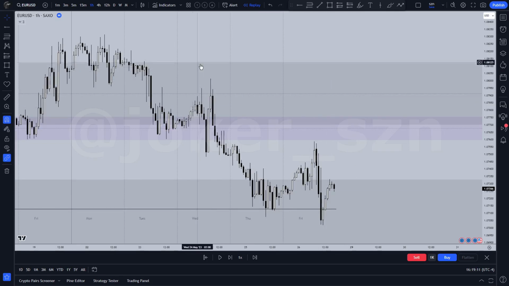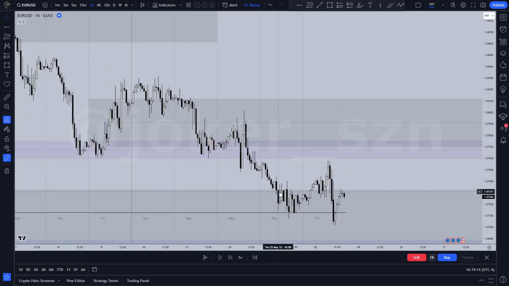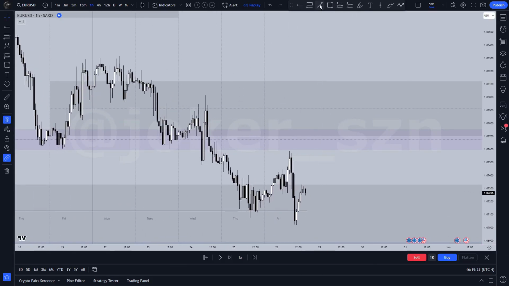So we now have the H1 here, and what we can see, we have Friday's lows right here, so the previous week's lows, and we also had on the H1 the stop hunt above those highs, and we then broke structure to the downside.